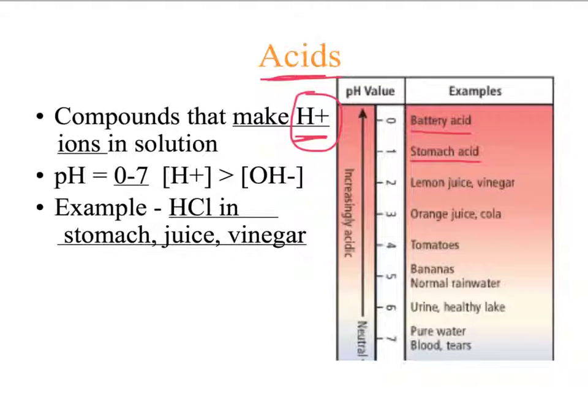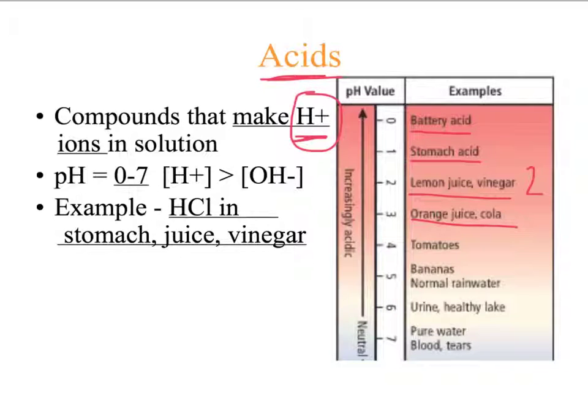But there's a lot of things that are actually fairly acidic that we don't always realize. Lemon juice, vinegar, soda, orange juice, all of those things are still fairly acidic. 2 is a pretty low pH to talk about lemonade being that acidic.